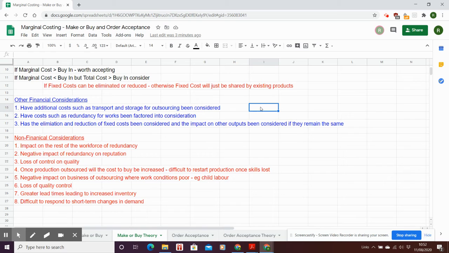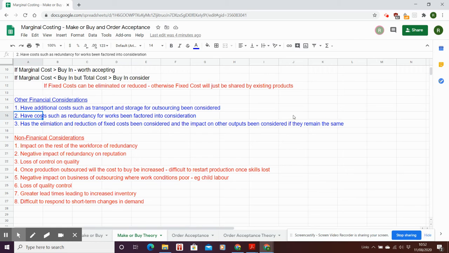Okay, if we buy product from somebody else, then have we got to transport it either from the supplier to our own premises, or have we got to receive it in our premises and pay the cost of the warehousing for storage, or indeed have we got to pay for the supplier to ship those goods to our final customer? So make sure all those additional costs for transport, storage, etc. have been considered.